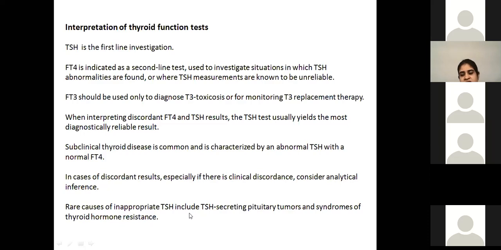So one such condition can be a TSH secreting pituitary tumor, or it can be thyroid hormone resistance. Keeping this in mind, this can be an MCQ, so please do remember this one tiny detail. Any questions so far?